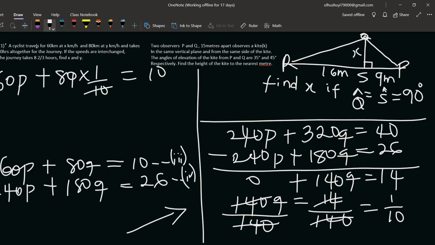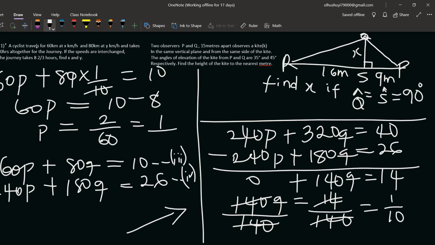This cancels this. So 60p is equal to 10 minus 8. So p will be equal to 2 over 60, and that is equal to 1 over 30. So p is 1 over 30.